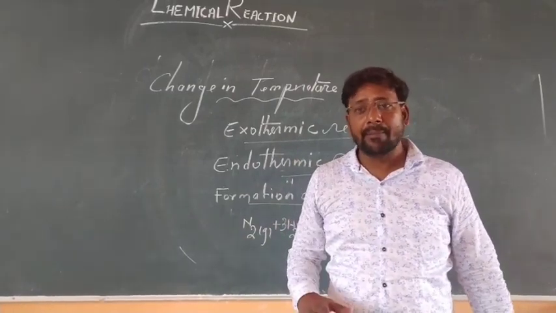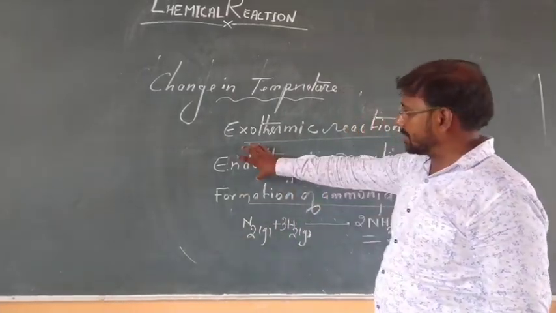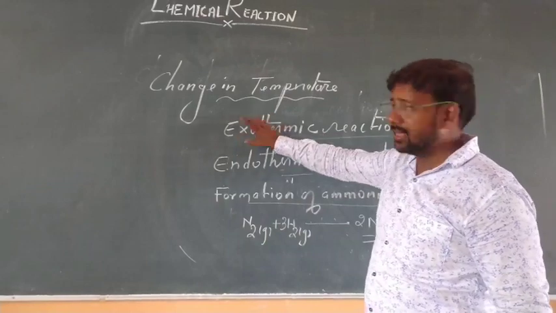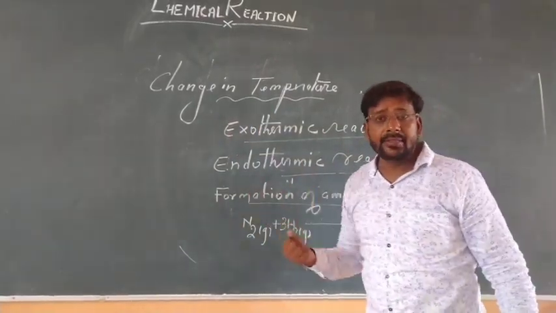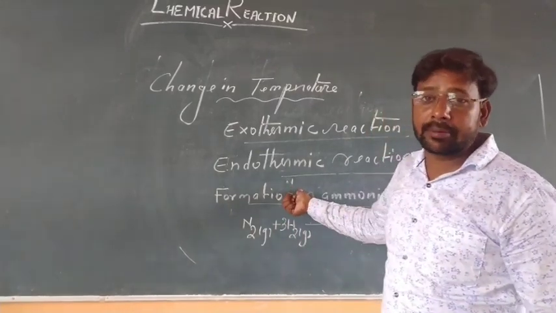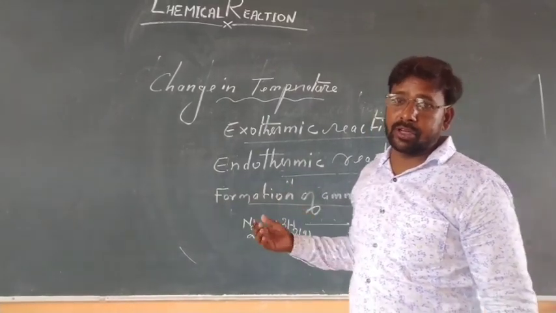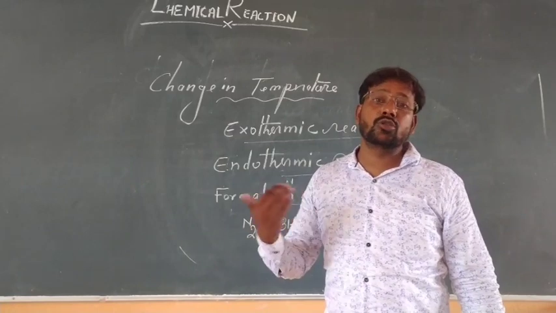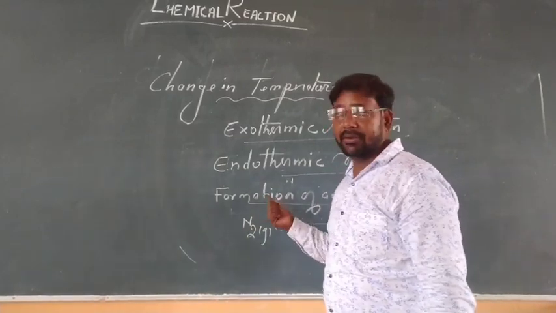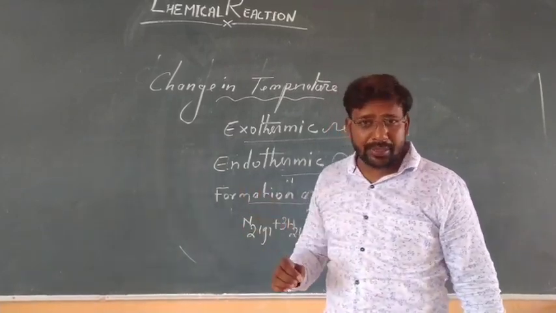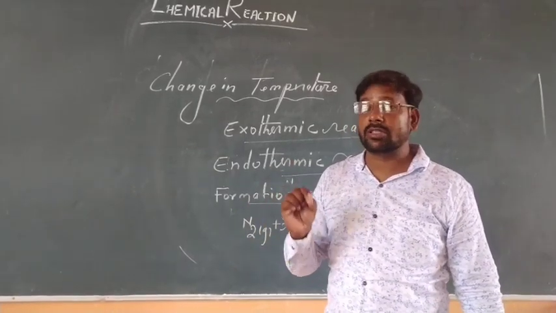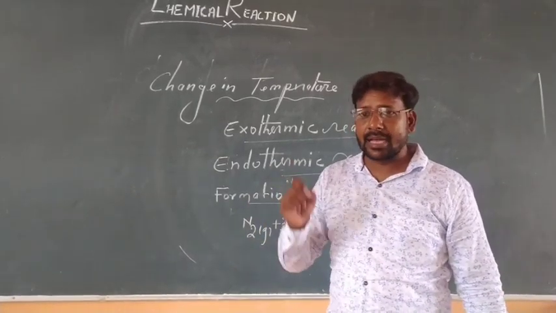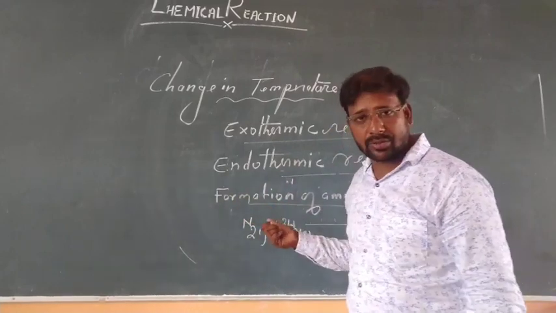The main concept is that the reaction in which energy is released is called exothermic, and the reaction in which energy is absorbed is called endothermic. Formation of nitric oxide is also an example of endothermic reaction. Nitrogen reacts with oxygen gas to form NO, the formula of nitric oxide.